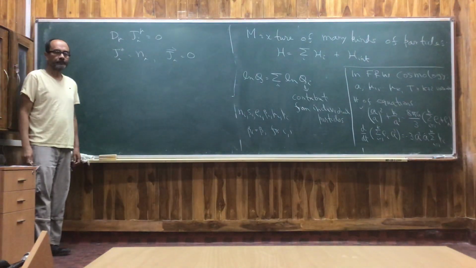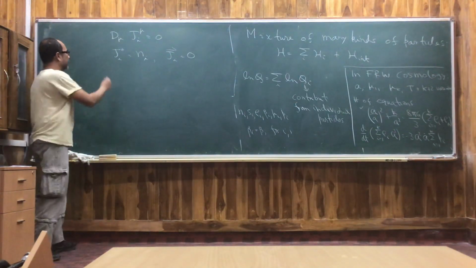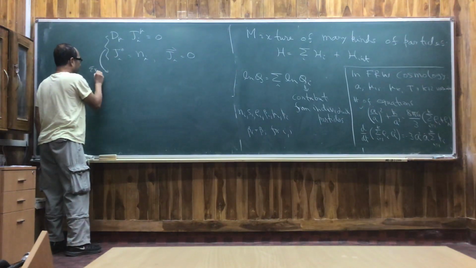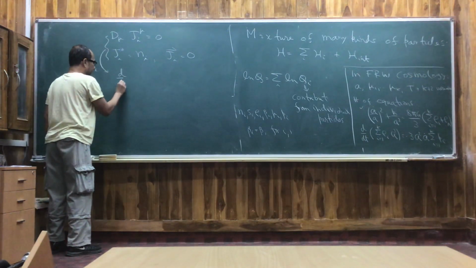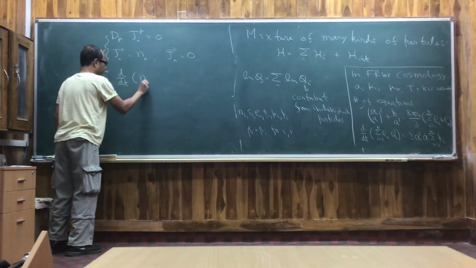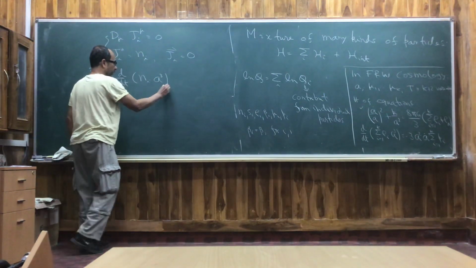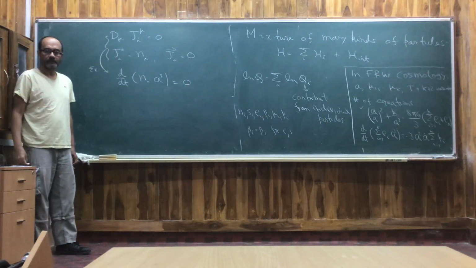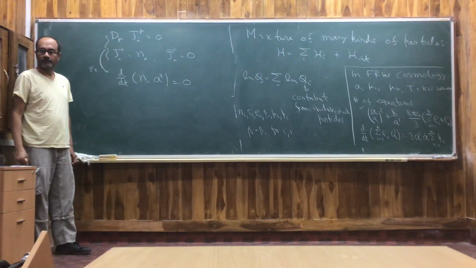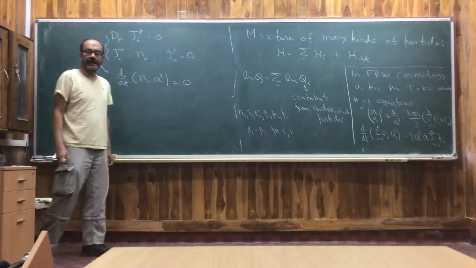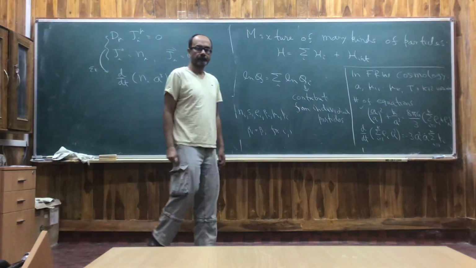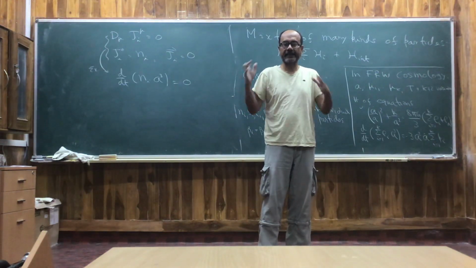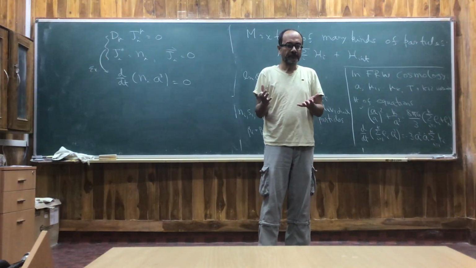I'll leave it as an exercise to check that if you put it in the FRW metric, this just says that d/dt of n_i times a cubed is 0. So n_i falls off as 1 over a cubed. That's understandable, because it just says that in a given comoving volume, the total number of particles is fixed.